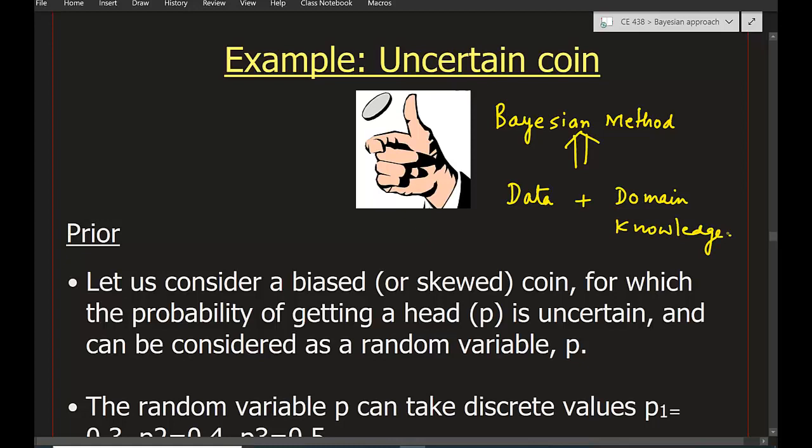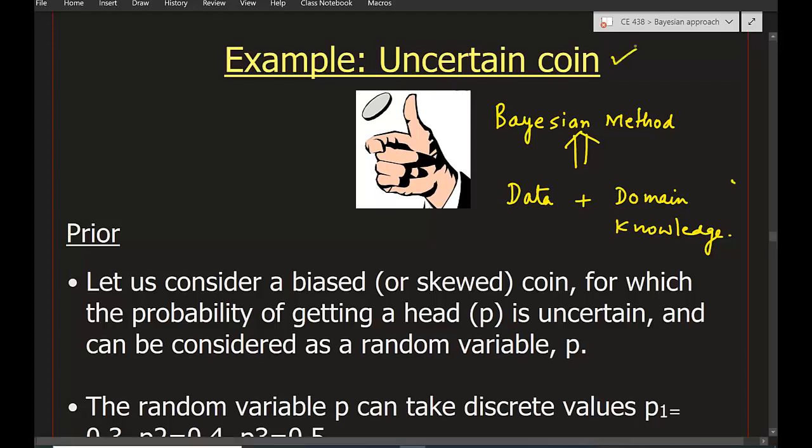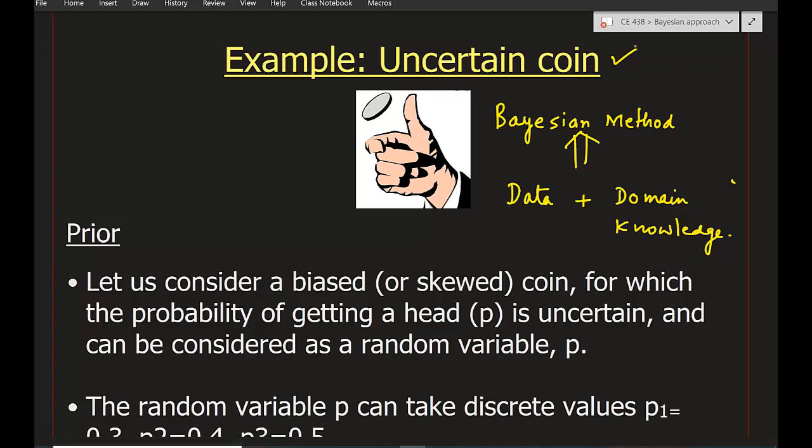To illustrate that, we will use an example related to an uncertain coin. You may have come across coin flip examples. If you flip a coin that is fair, the probability of getting a head is 50% and the probability of getting a tail is 50%.